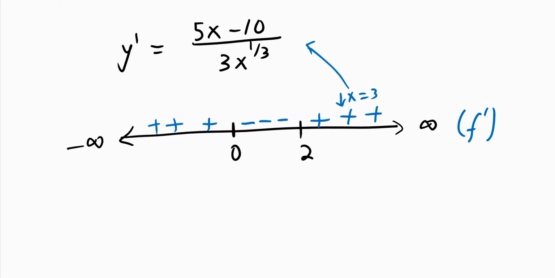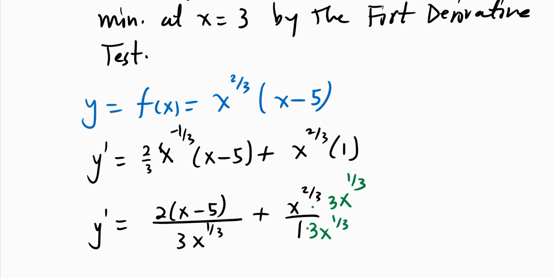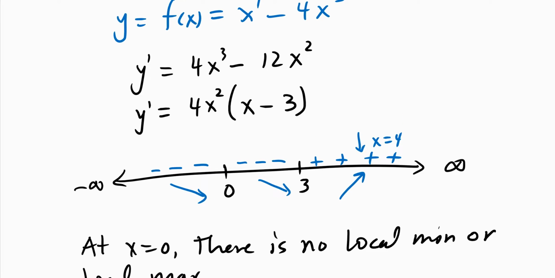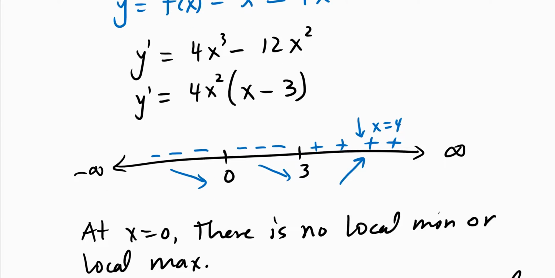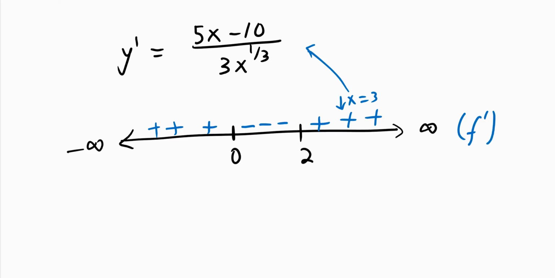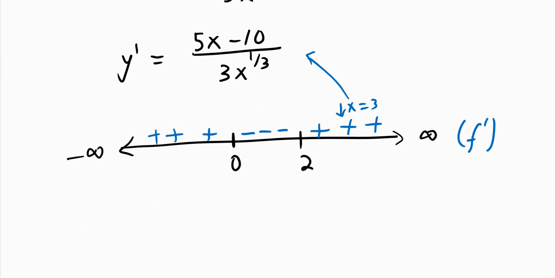That's positive. Keep in mind, it's not always alternating positive, negative, or negative, positive. Sometimes you can have a case like the one I showed you in the earlier example. This one, it was negative, negative, positive. So that's something you have to watch for. Now, by the first derivative test, we see there's a change from positive to negative in the first one.